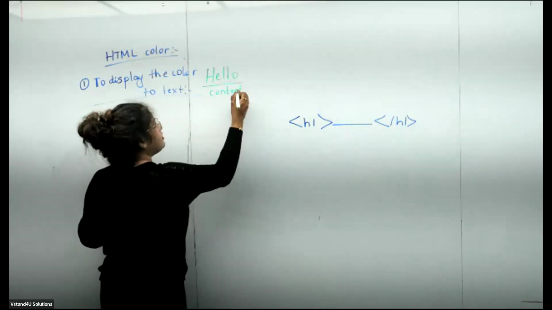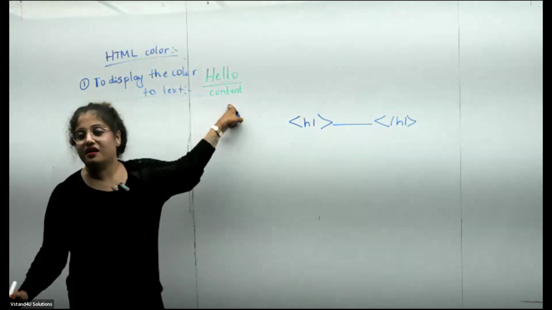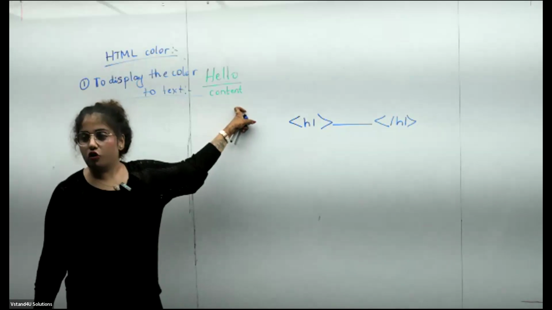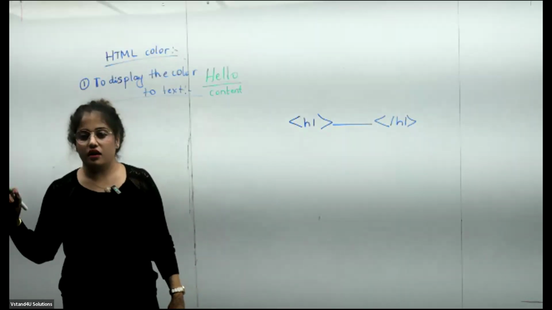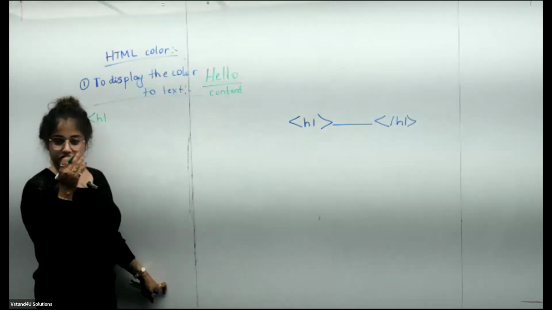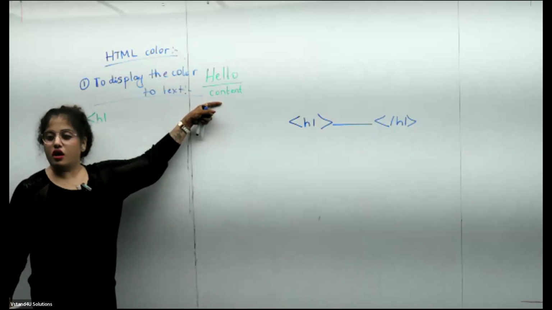This is my content. And I want this content to be displayed in red color. Whichever color you want, you put. I like red color, so I'm giving red color. I want the content to be changed to red color.